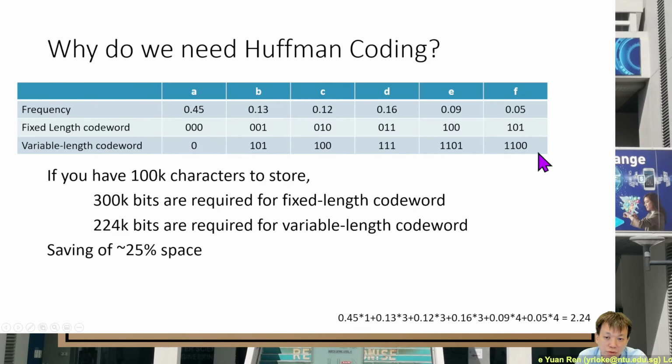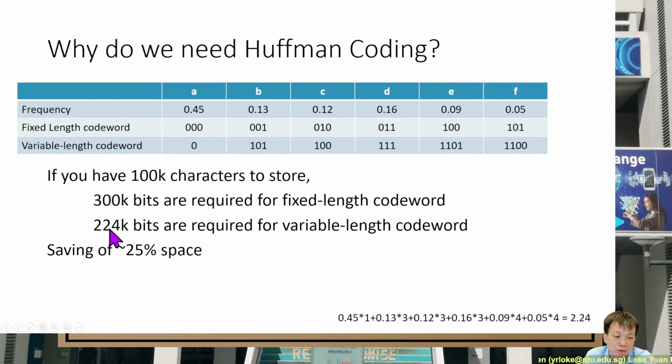If you do the calculation, 45% of the time you use 1 bit, 13% you use 3 bits, 12% you use 3 bits, 16% you use 3 bits, and 9% and 5% you use 4 bits. Overall, on average it is 2.24 bits times 100,000 characters.